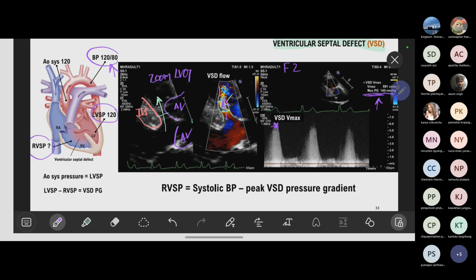To summarize, RVSP is equal to LVSP minus peak VSD pressure gradient, which is 140, and LVSP is equal to systolic blood pressure.